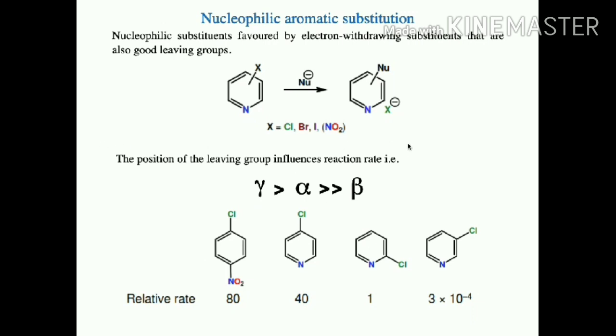This is very important if a reaction is given and we need to decide the relative rate by the position. If the leaving group is present at gamma position, its relative rate will be more compared to alpha, and it is very least in the beta. That is in the case of nucleophilic aromatic substitution reaction.